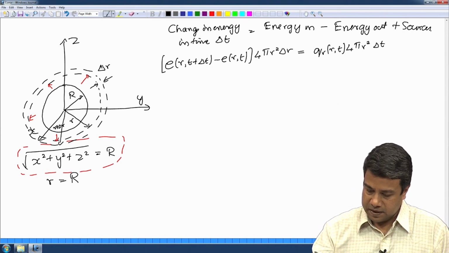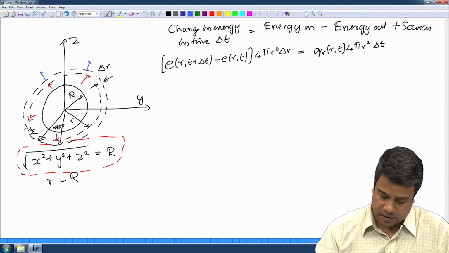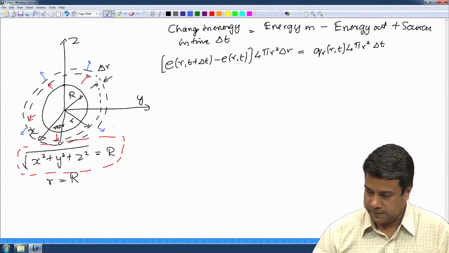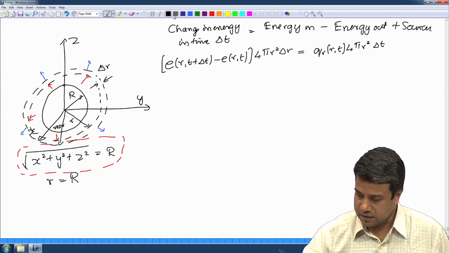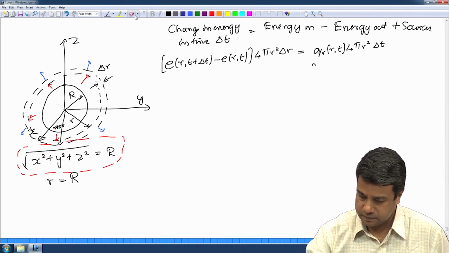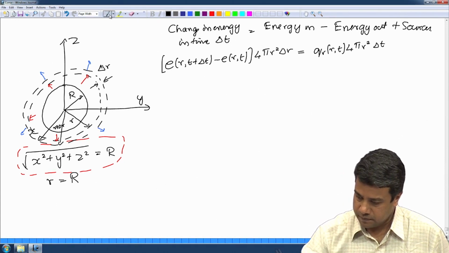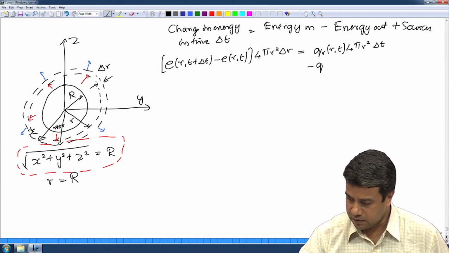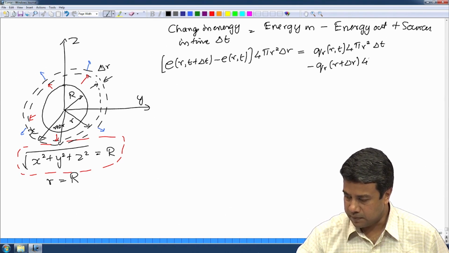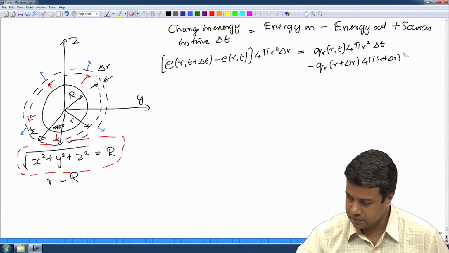Minus the energy out. The energy out is at the location r plus delta r. So the energy out is going to be equal to minus q_r at r plus delta r times 4 pi times r plus delta r the whole square times delta t.